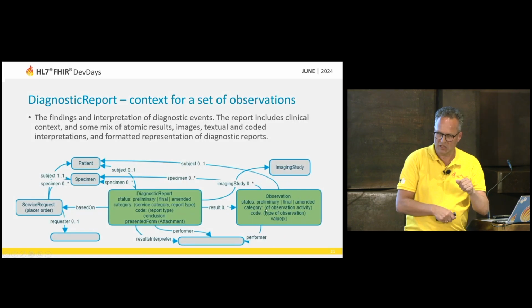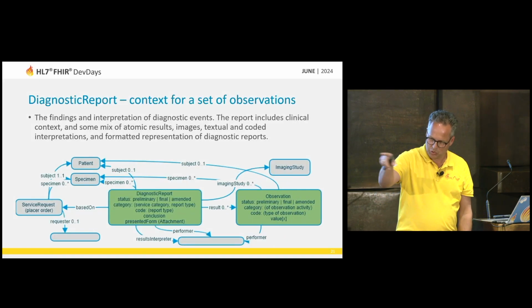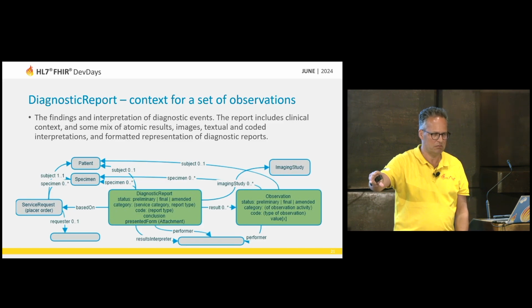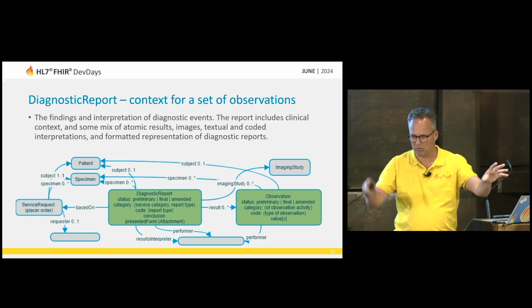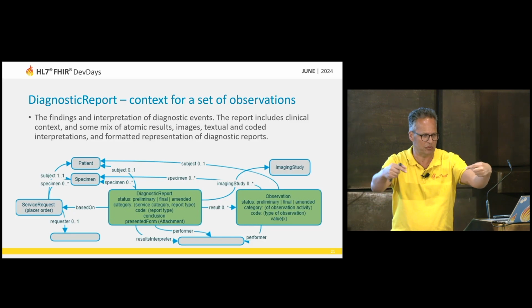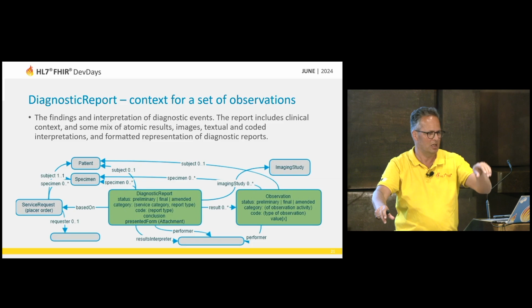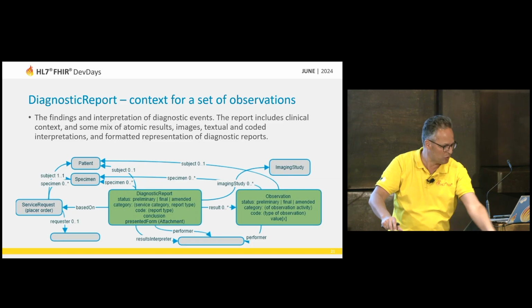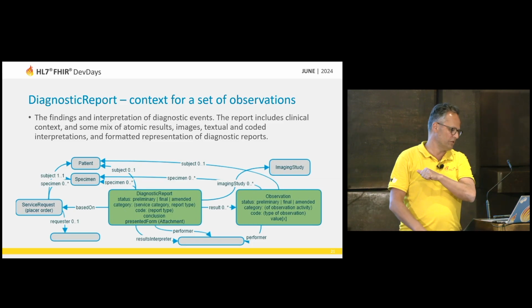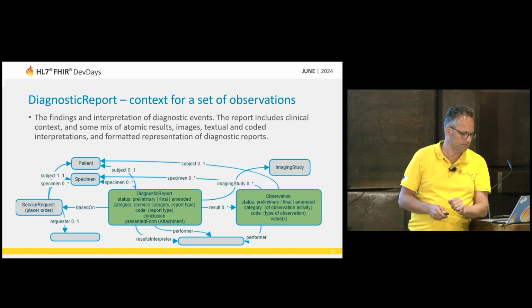So effectively, you have a group of service requests, the order form basically, and then you have one diagnostic report that's sort of the equivalent, conceptually, of this group of service requests. And the diagnostic report has a grouping of results, observations in it.